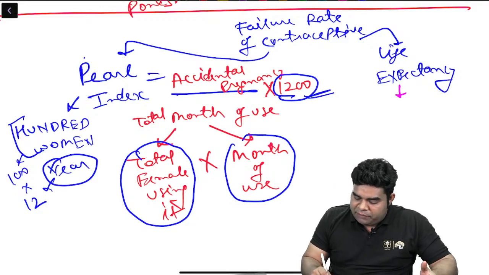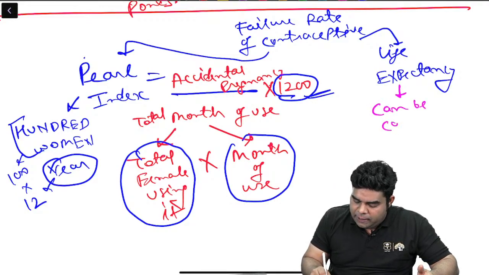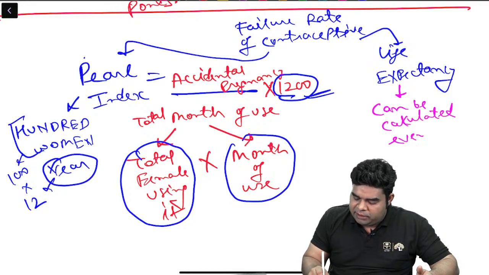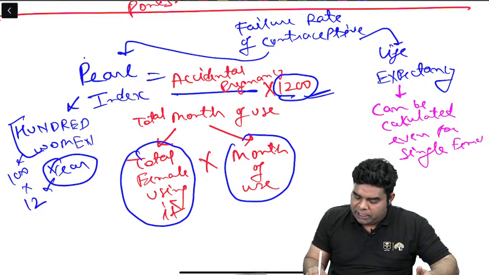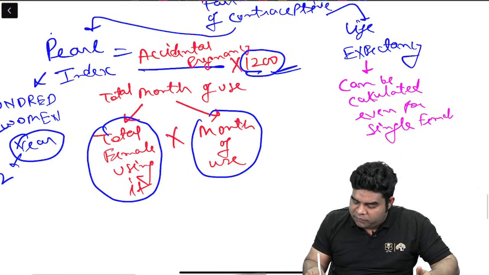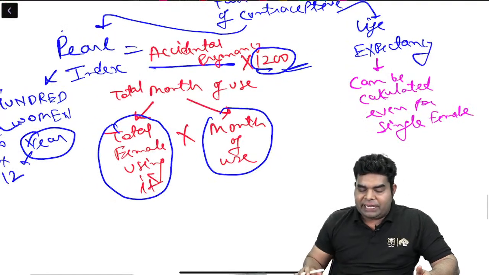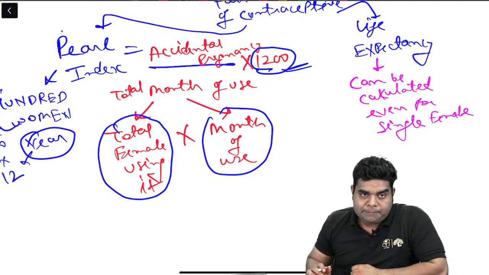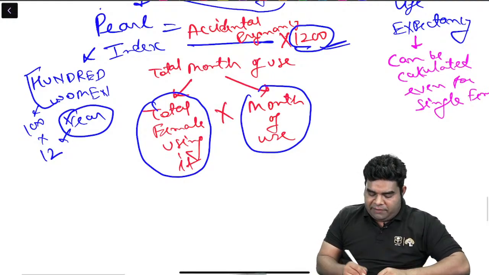So the life table can be calculated even for a single female for some duration of time, so it is more convenient to use, and Pearl index can only be calculated by doing a study.